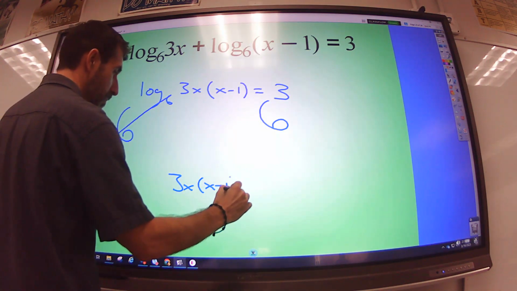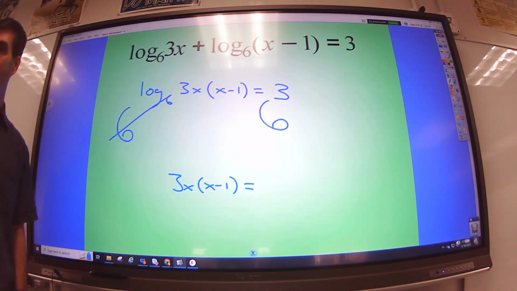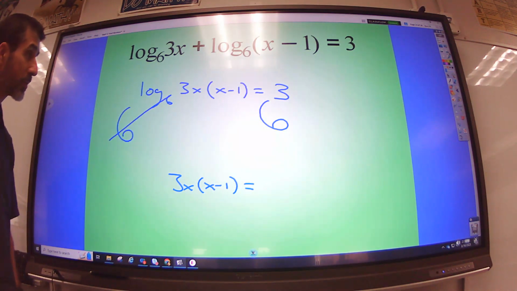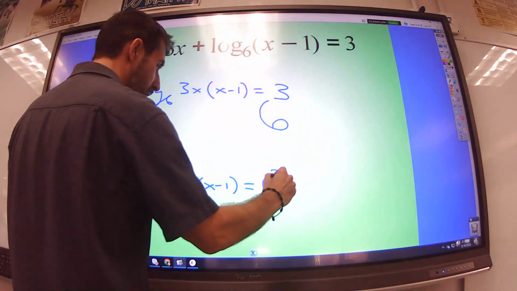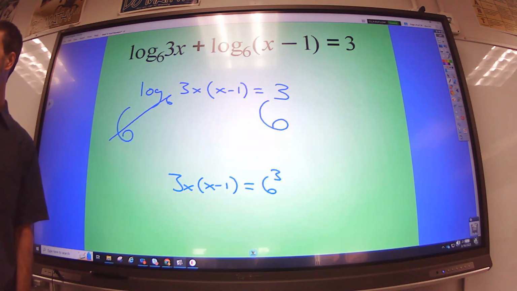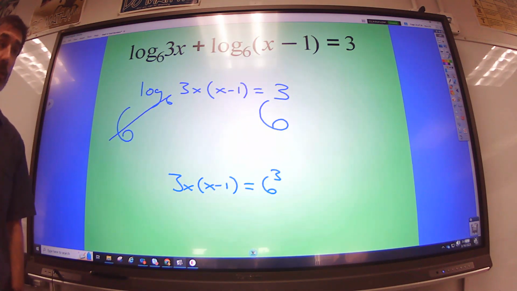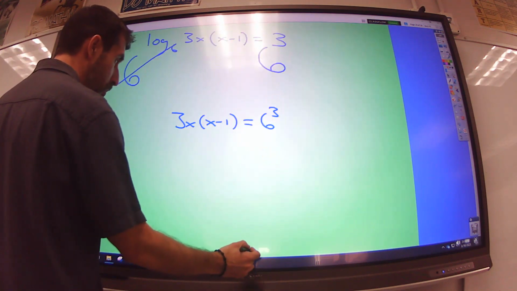So let's rewrite it, shall we? 3x times x minus 1 equals 216. Let me rewrite that because it came out weird. 3x times x minus 1 equals 216.